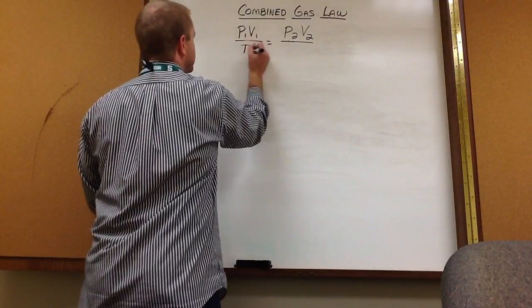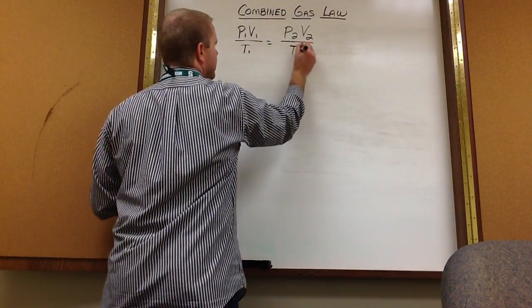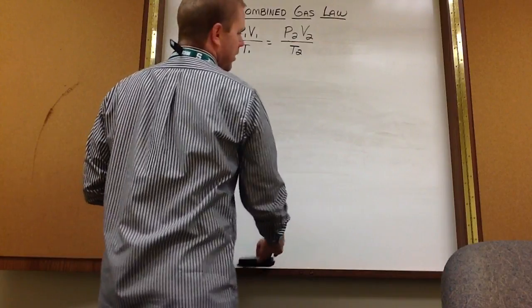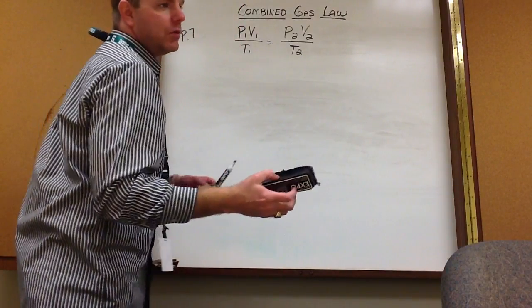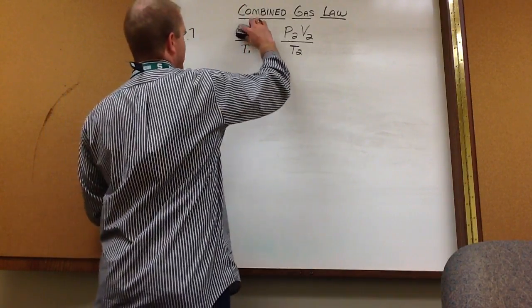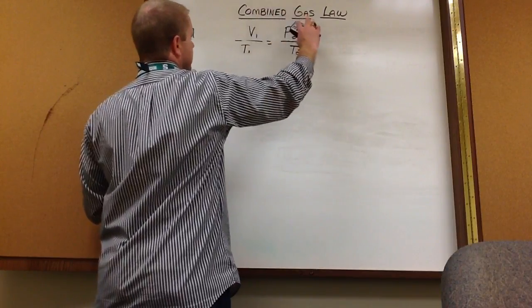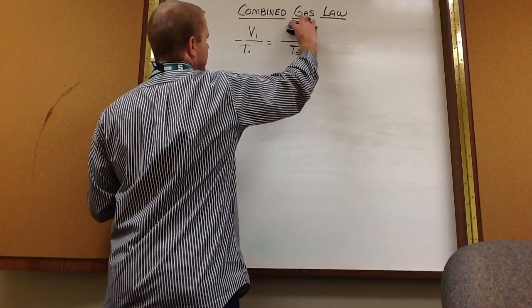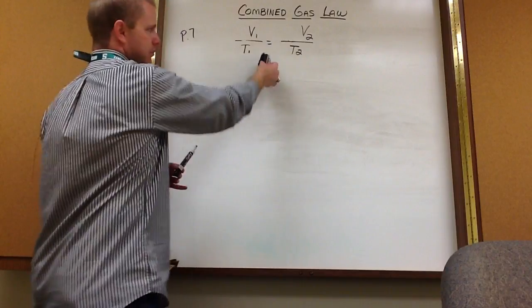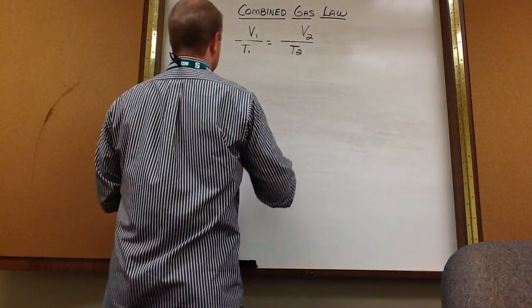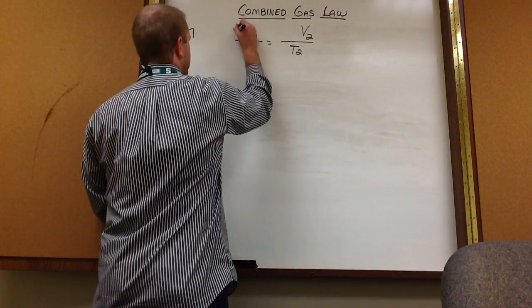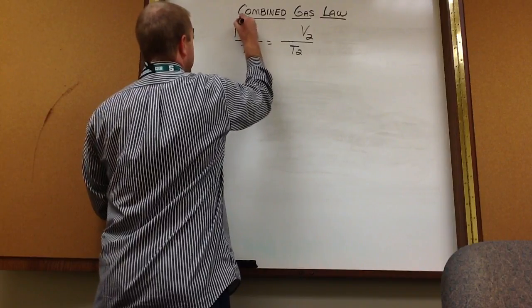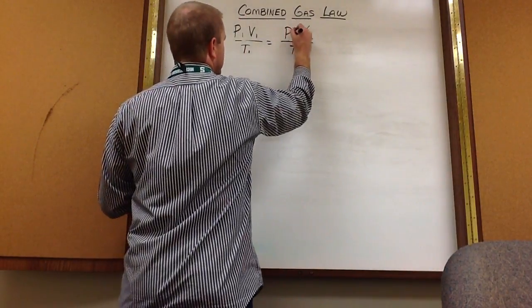Right? Or, how about this? If I give you a volume and 2 temperatures, ask you for another volume, but I never mention pressure. Well, you get rid of the P's, and you're left with Charles' law. And likewise, just to be thorough, the last example is also true.